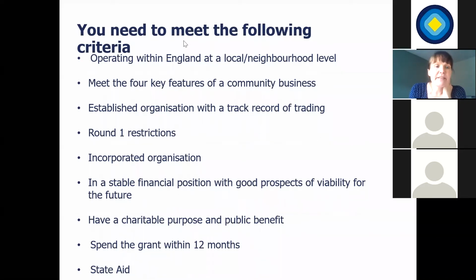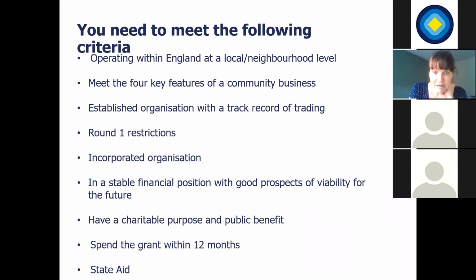And in the guidance notes, you'll see there's some restrictions on round 1. You will not be eligible to apply if you've already received funding this year under any of our other emergency funding programmes. So if you've received Power to Change emergency funding this year, you're not eligible for round 1, but you will then be eligible for round 2, which opens in January.